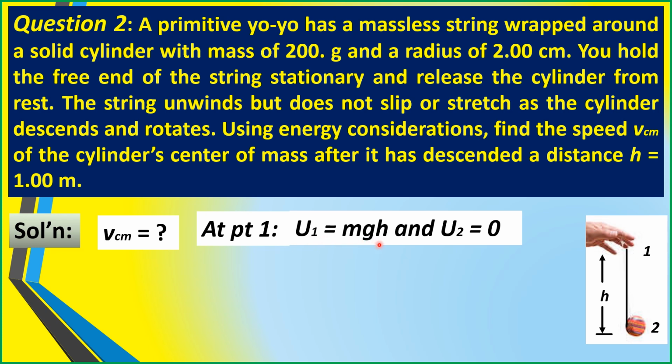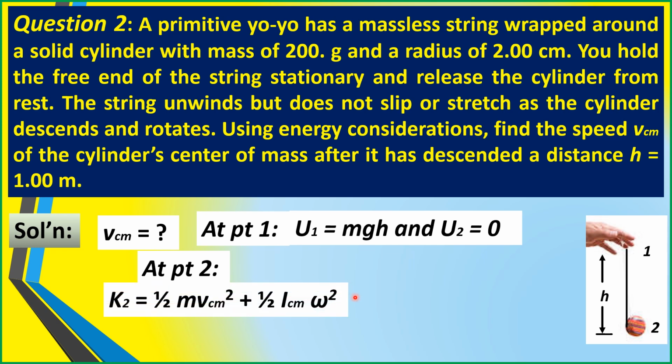While at point 2, when the yo-yo reaches this point, it will have no more gravitational potential energy. So U sub 2 will be equal to 0. At point 2, we also describe the kinetic energy.